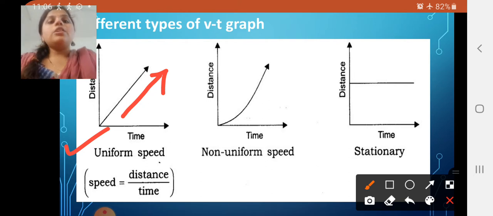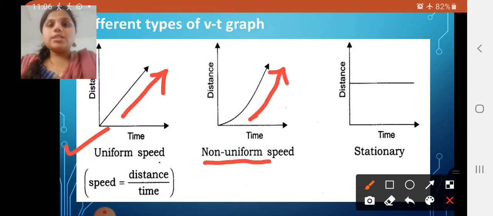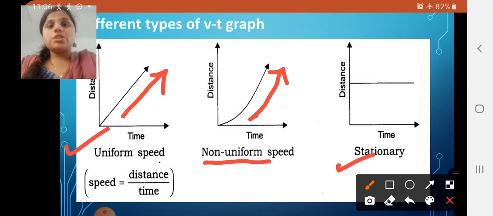Now if the speed is non-uniform, the distance covered differs in different intervals of time, so the graph is in a curve. It is not a straight line, so it is a non-uniform speed. Now if the object is stationary, meaning at a rest position, what happens?